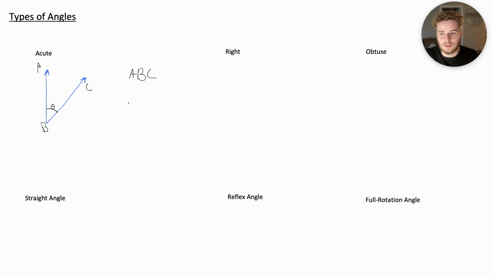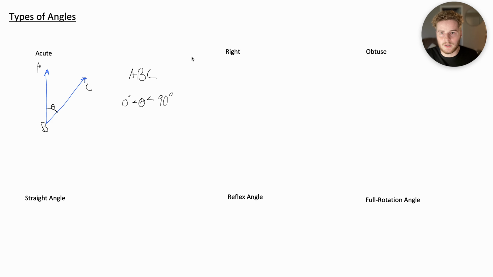Now, an acute angle has a value, which we'll call theta, between 0 degrees and 90 degrees. So that one's a little smaller. That's why it's called that. We'll go over these at the end, but let's just get some general ideas going here.